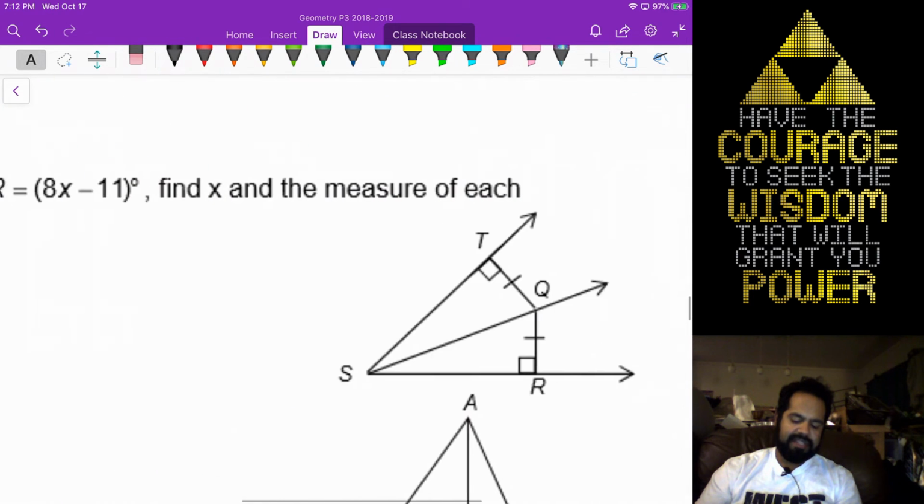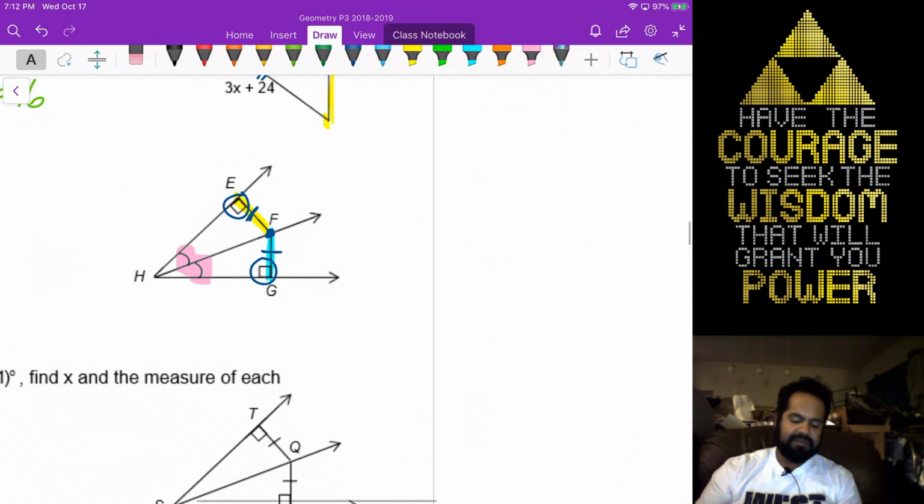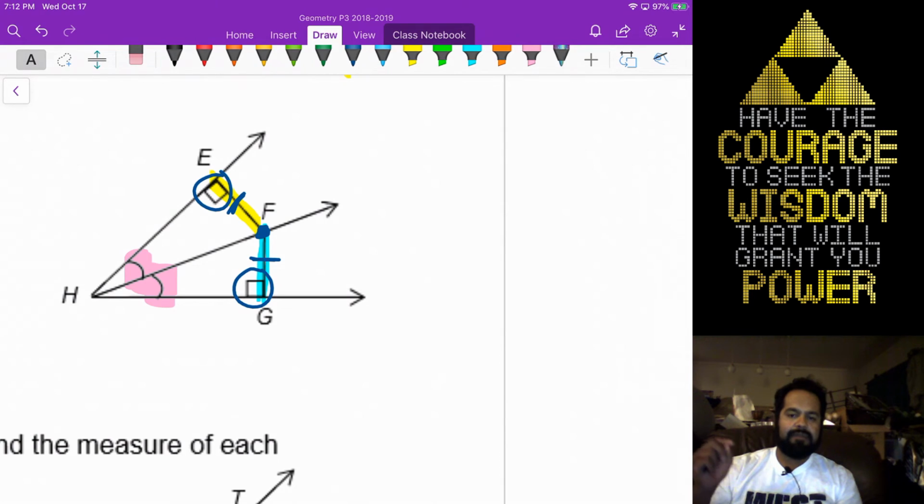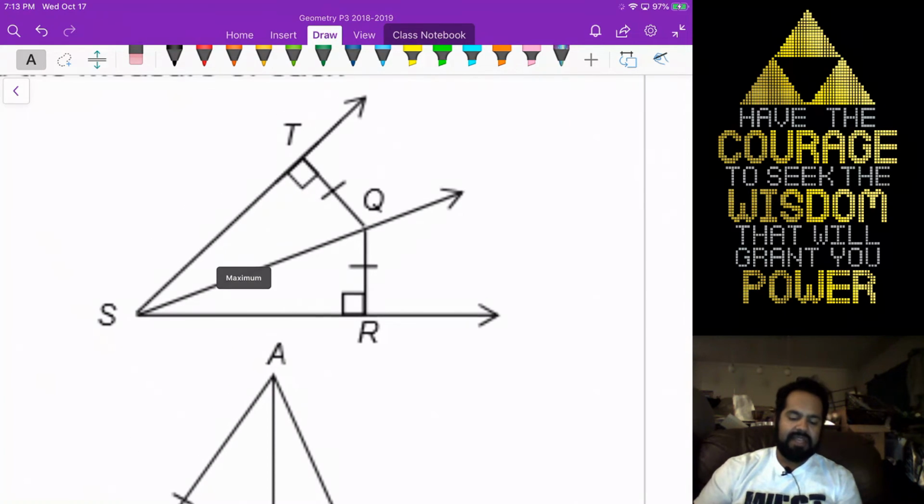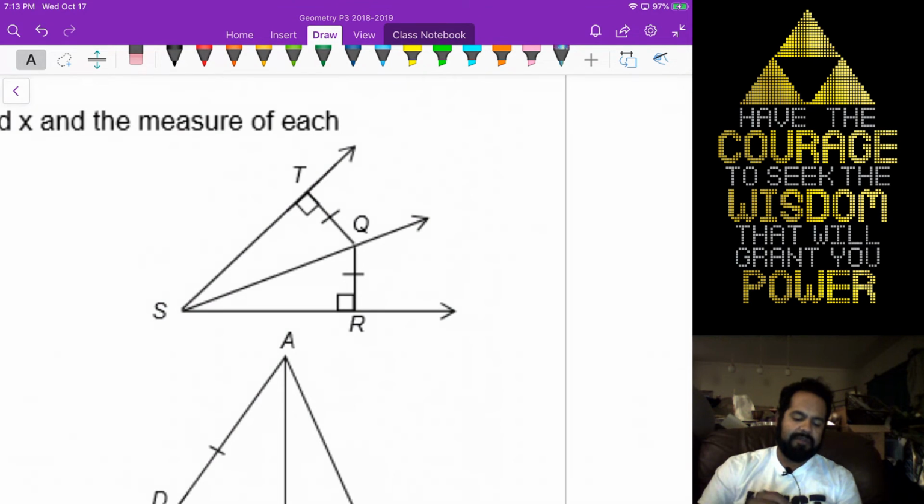Got some more angle stuff. Now the difference between this one and the one before was that we said that since we had the angle bisectors, those sides were congruent in conjunction with the perpendicular lines. Here, now we're going backwards.